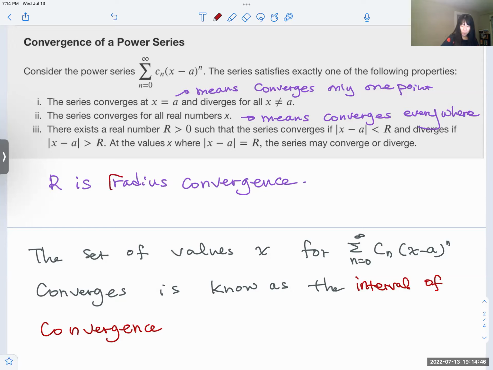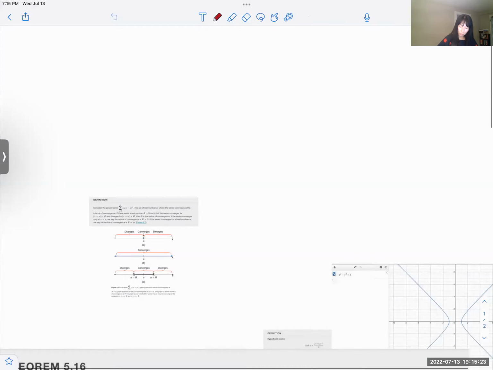Nothing special, they are just using the first letter R. So the radius of convergence depends on the convergence. Here, we have another definition. Let me bring it here. I'm going to give you a little time to write it out. Let me bring the screenshot. This one.